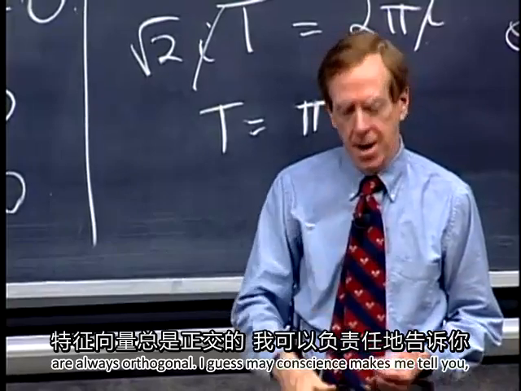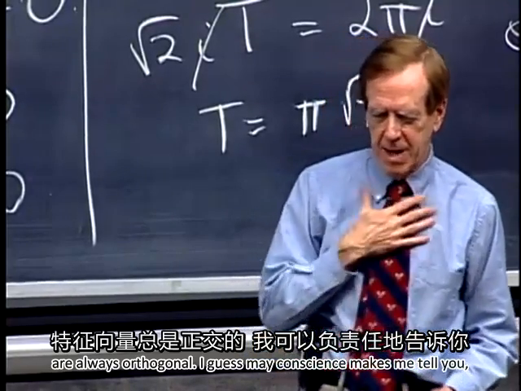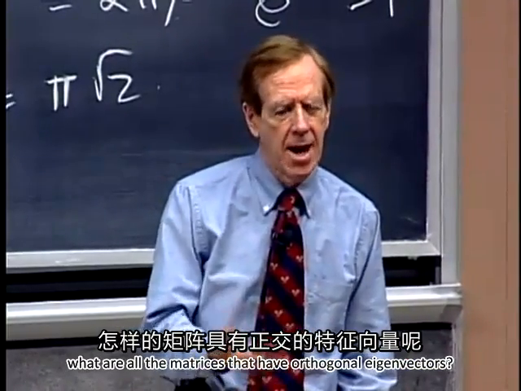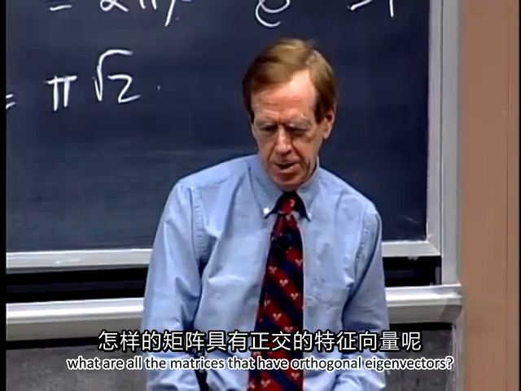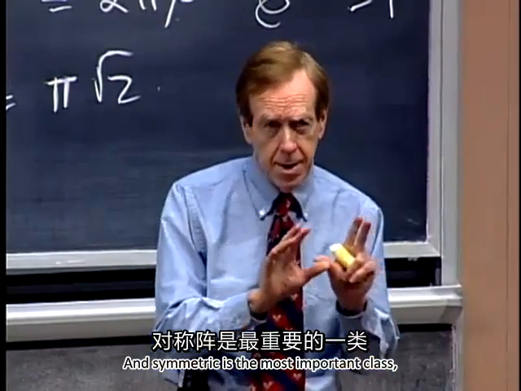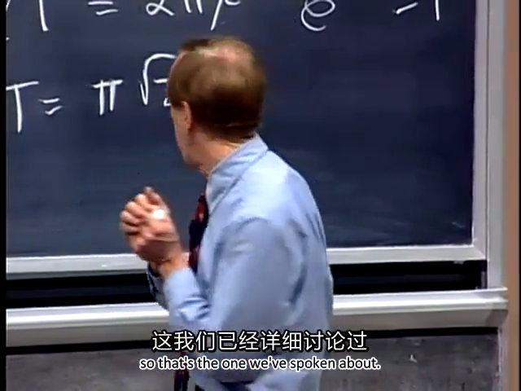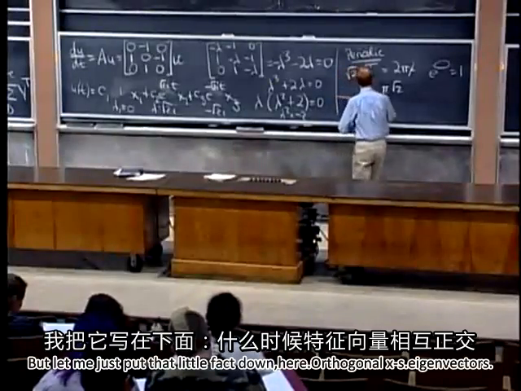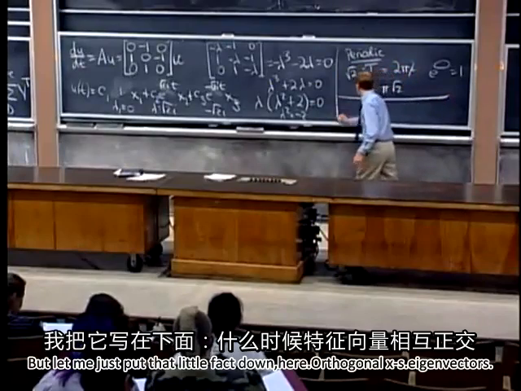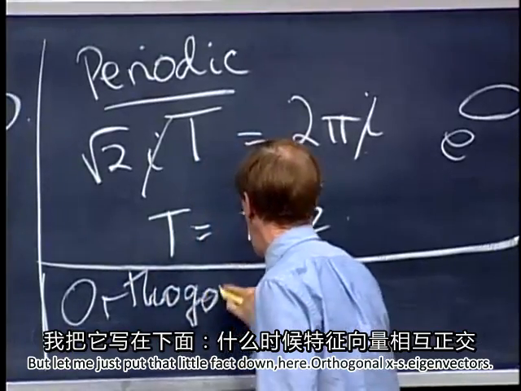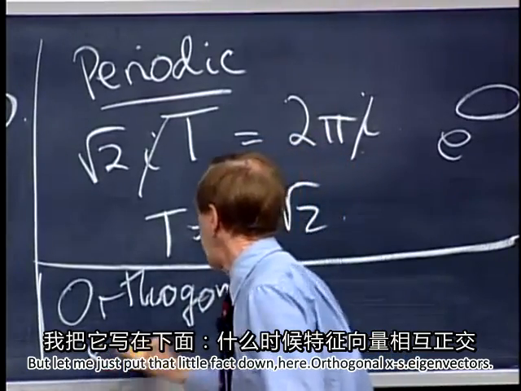I guess my conscience makes me tell you, what are all the matrices that have orthogonal eigenvectors? Symmetric is the most important class, so that's the one we've spoken about. But let me just put that little fact down here. Orthogonal x's, eigenvectors.